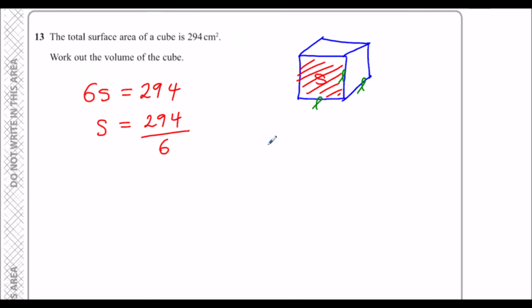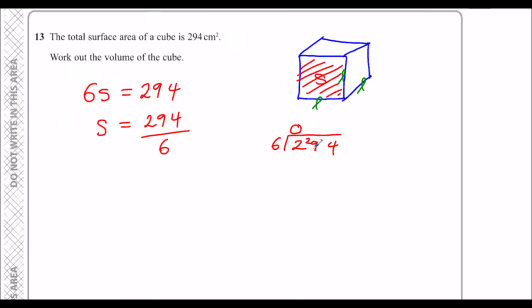Well, you can use any method you like. You could simplify the fraction. I think long division is probably easier. So 294 divided by 6. 2 divided by 6 doesn't go, so we'll carry over the 2.